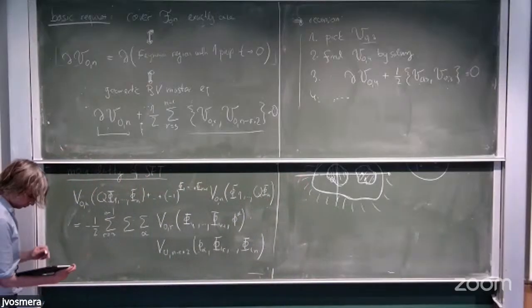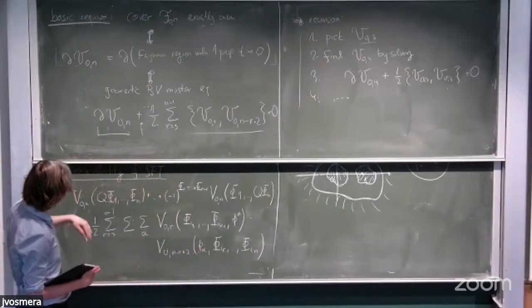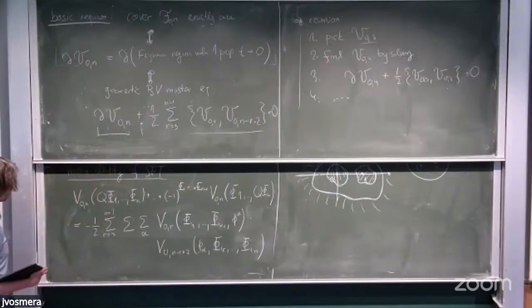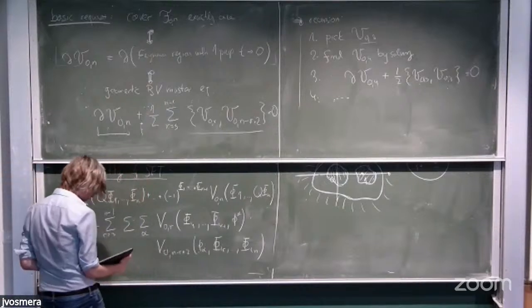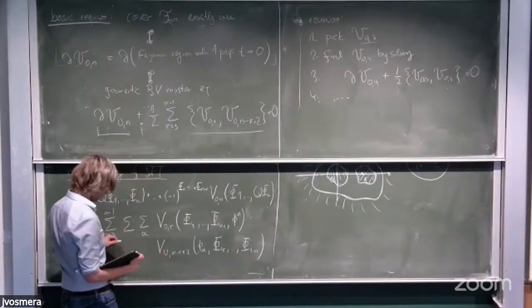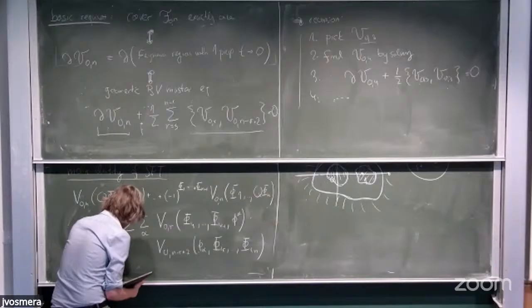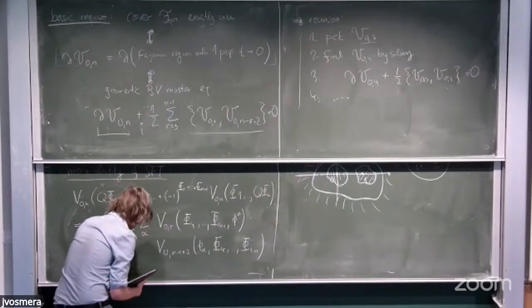And then also, finally, I need to explain the sum. So I also need to sum over all possible ways of distributing the individual functions, either into the sphere on the left-hand side of the diagram or the sphere on the right-hand side of the diagram. I basically need to sum over all possible configurations. So this is precisely the sum here. Schematically, this is like one set I1 to I R minus one.